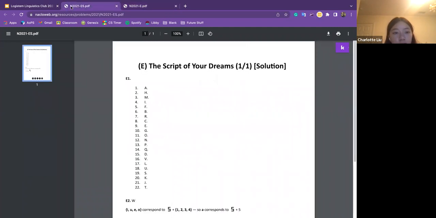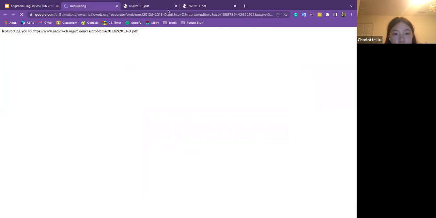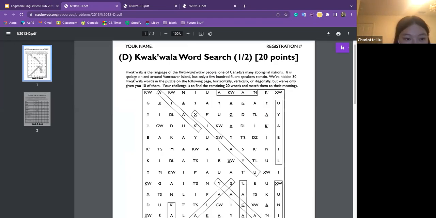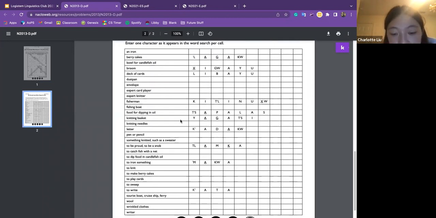And I'm going to move on to the last problem. So this one, you have a list of words, some are already filled in, and you want to figure out what the other words mean.